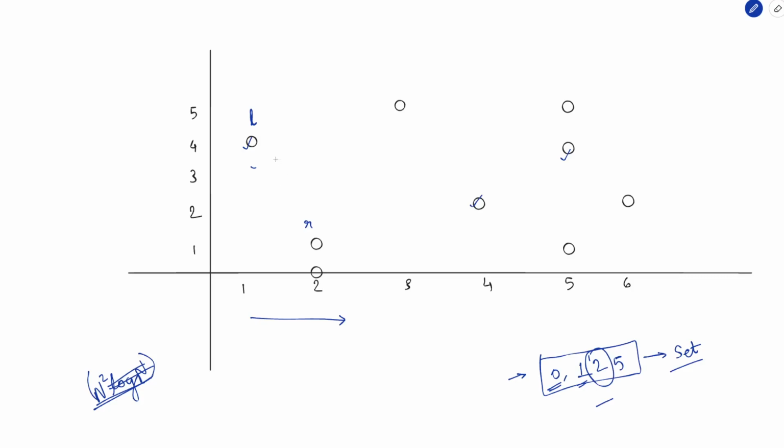Now once we have done this, we'll try out every possible L and R. So let's say we are trying out this L. Now we'll try out every other R. For this R, we'll simply check the first condition first of all. The first condition is whether the X value of this is less than or equal to this and the Y value of this is less than or equal to this.